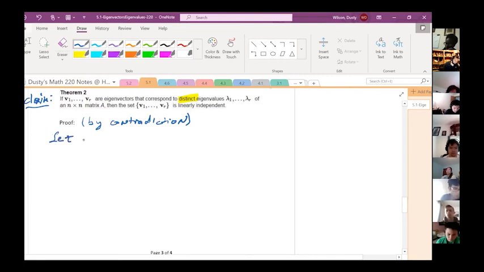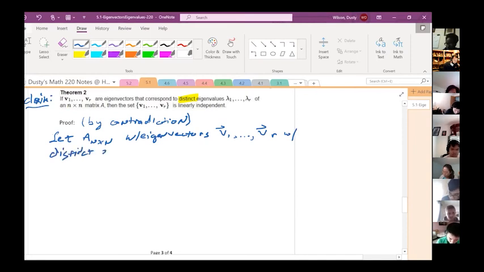So let some n by n matrix A with eigenvectors v1 to vr with distinct eigenvalues lambda 1 to lambda r be given.